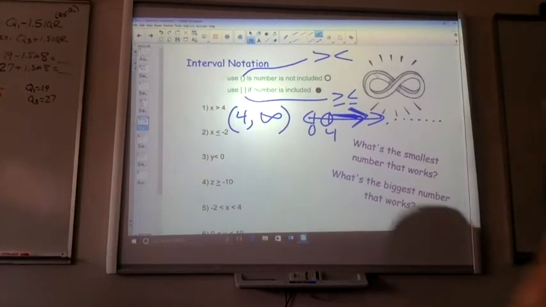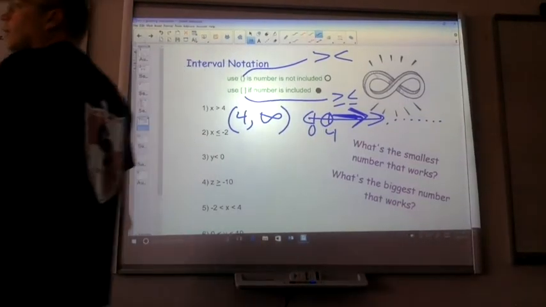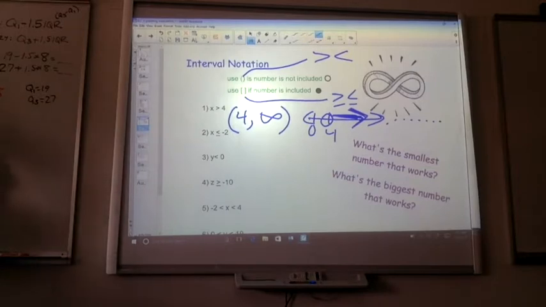Where do I get to in the negative direction? How far can I go in the negative direction? To infinity. So I want values coming from negative infinity, getting all the way up to -2. Am I going to include -2? Yes. So it's an equal sign underneath.